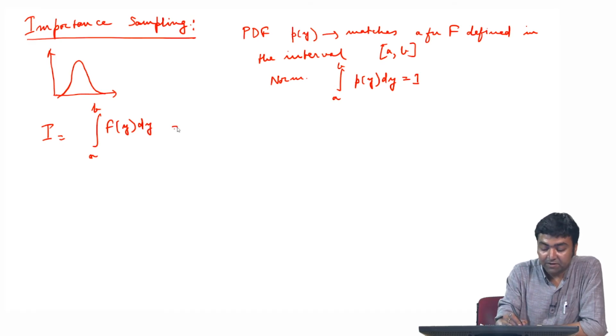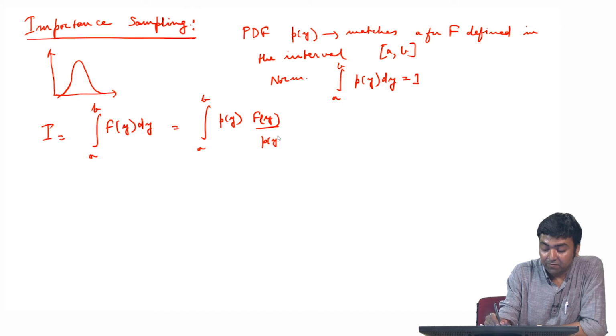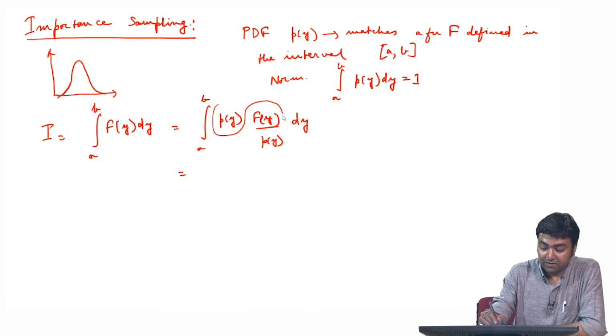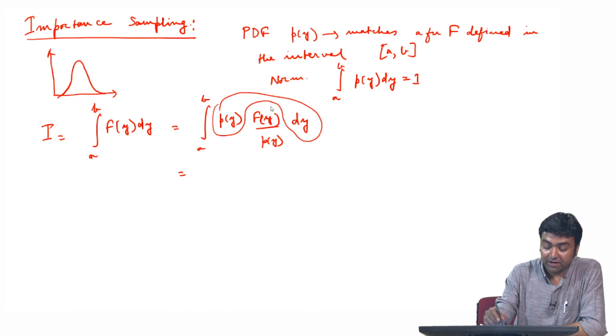As in the previous case, we will use the same trick. I multiply the integrand with p(y) and also divide the integrand with p(y). So, I have now p(y) dy, and this is nothing but dx, and this is my modified function.